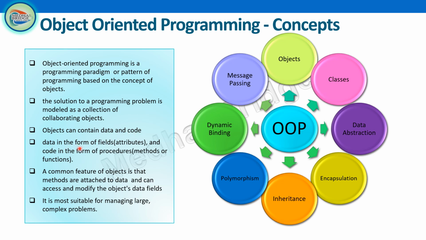Data in the form of fields, like attributes. Code in the form of procedures, methods, functions. A common feature of objects is that methods are attached to data and can access and modify the object's data fields. Object-oriented programming is most suitable for managing large complex problems.